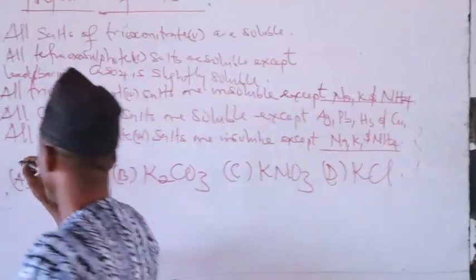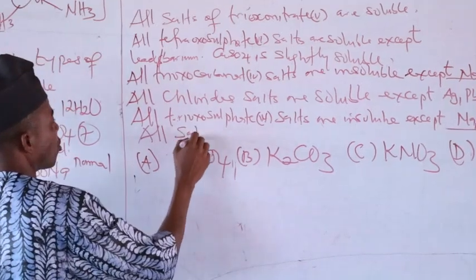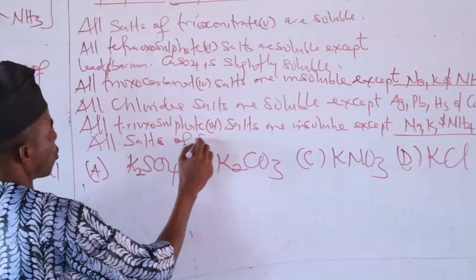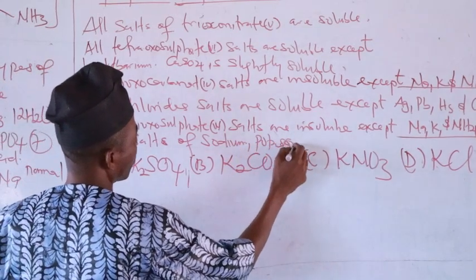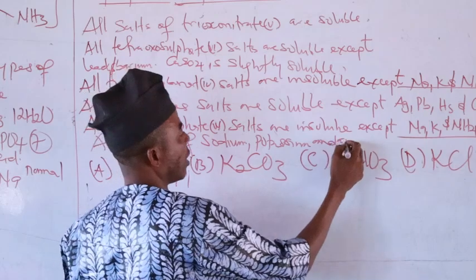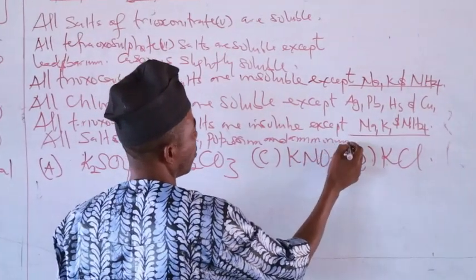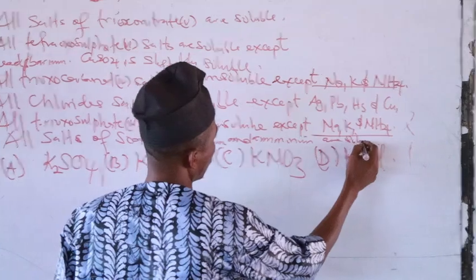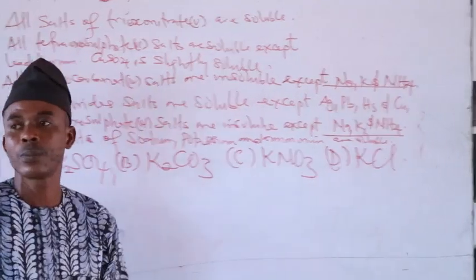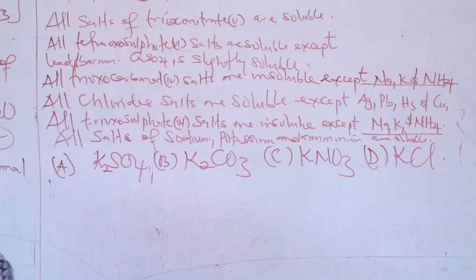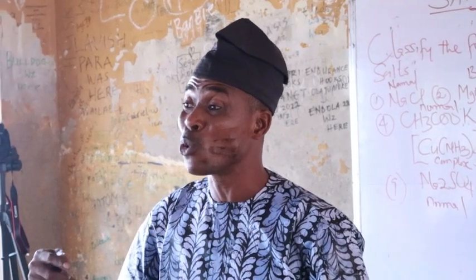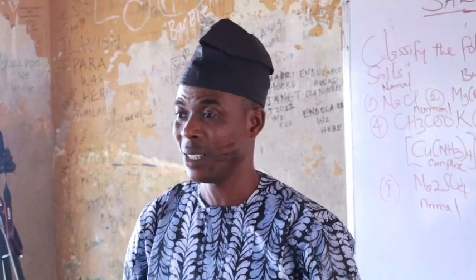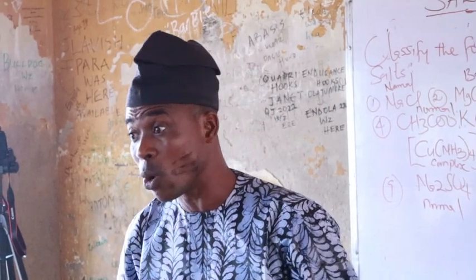All salts of sodium, potassium, and ammonium are soluble. Why? Is it not their electropositivity? They are highly electropositive. That means they form bonds that are mostly what? They form ionic bonds, and ionic salts are soluble in water.